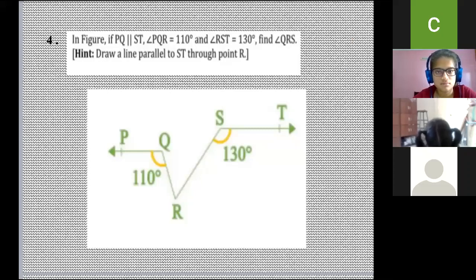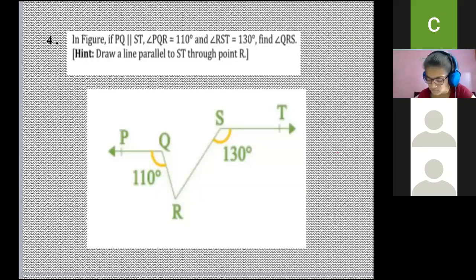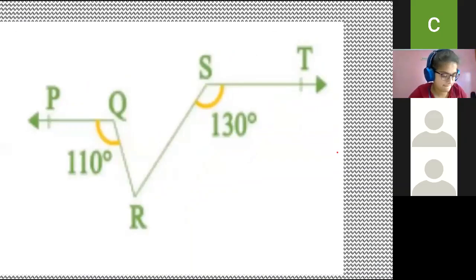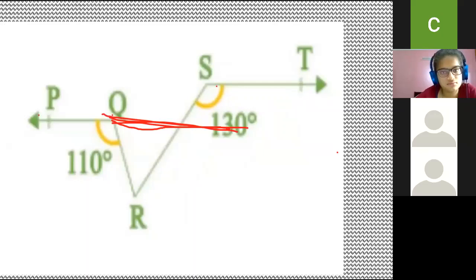I didn't understand how you got 130 degrees at the start. Here, dear, 130 degrees. This is a line extended. When you extend a line, these two are parallel lines and this acts as a transversal.